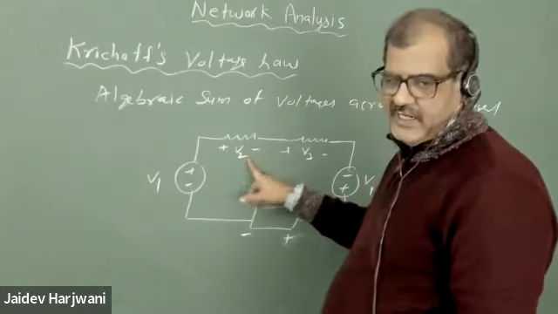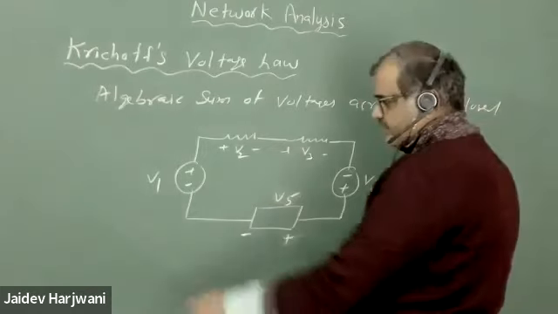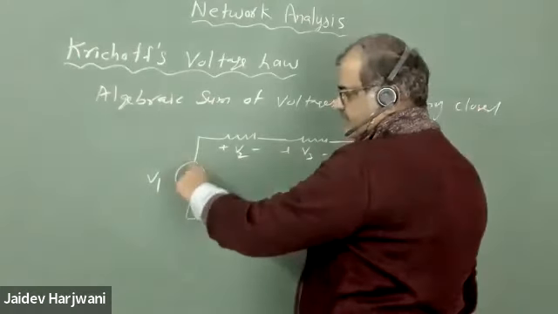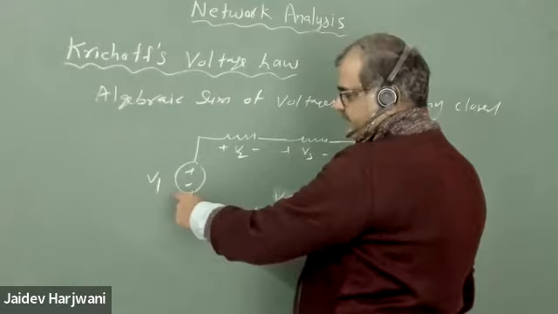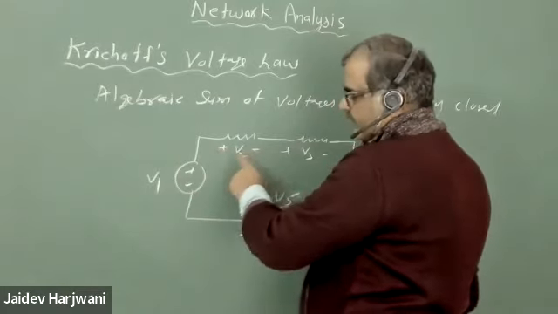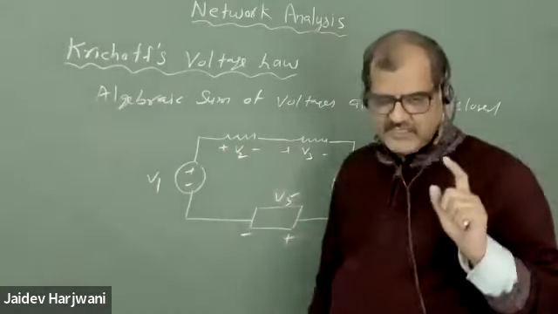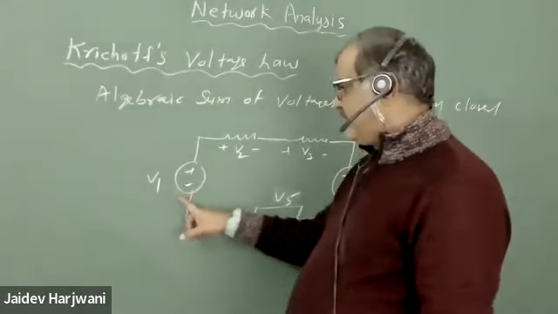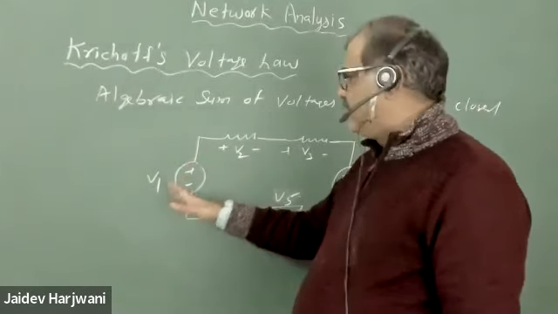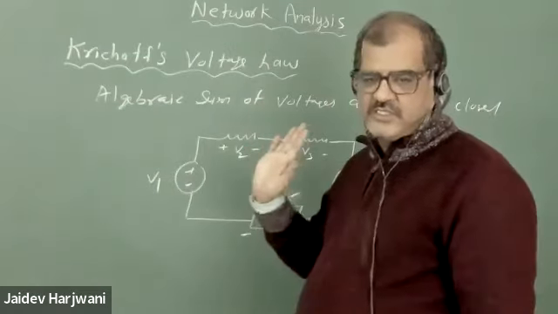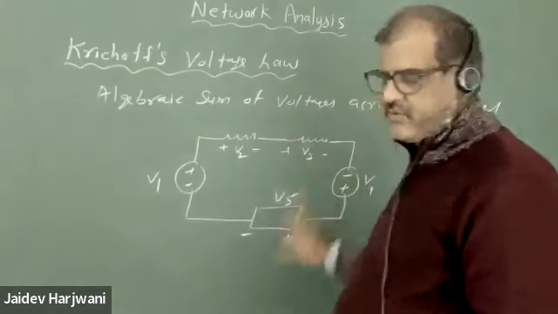The other way is that when you go for a voltage rise, minus to plus, you take it as negative, and a voltage drop you take as positive. Are you getting what I'm saying? Either you take the voltage rise as positive or the voltage drop as positive. That is your choice, nothing will happen; the same equation will come.